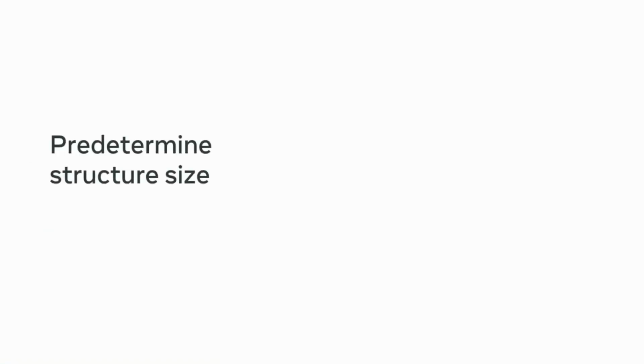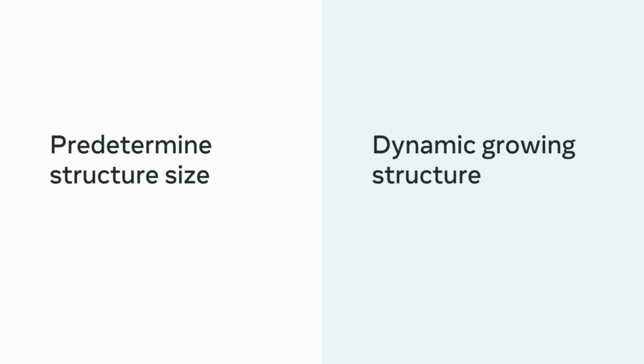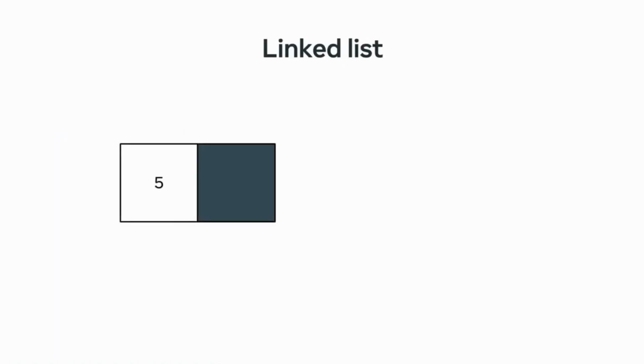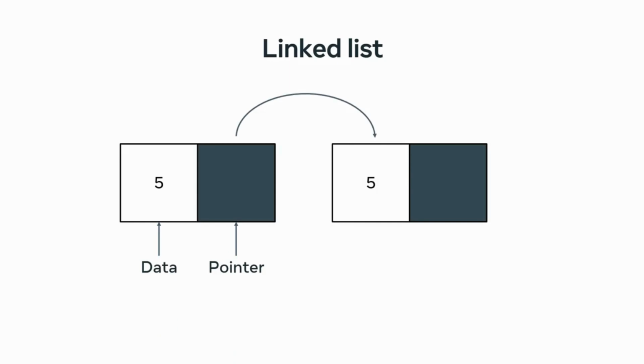You also learned that some languages require that you initially determine how big a structure will be, while others allow for dynamically growing structures. That was followed by a section on linked lists and how they work. Remember that a linked list contains two pieces of information, namely the data and a pointer to the next list item. You then learned about sets and how they work.